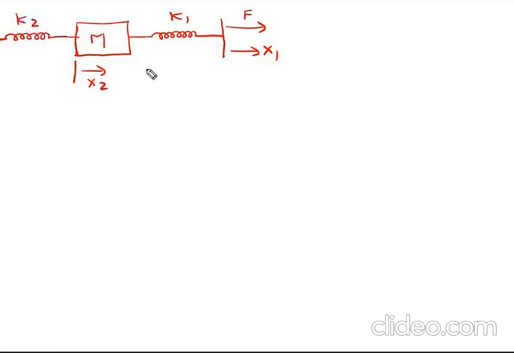Let me redraw this diagram. Let me make this diagram a little bit more complex. Since I said electric traction, I am just making this the ground and these are the wheels with friction B, and let the displacement here be x2.